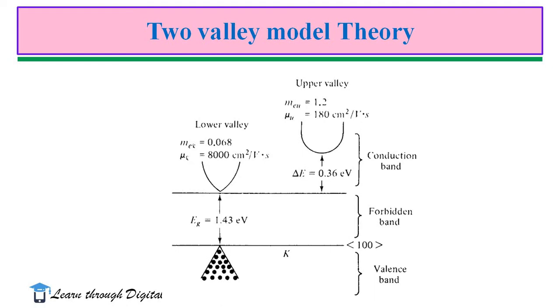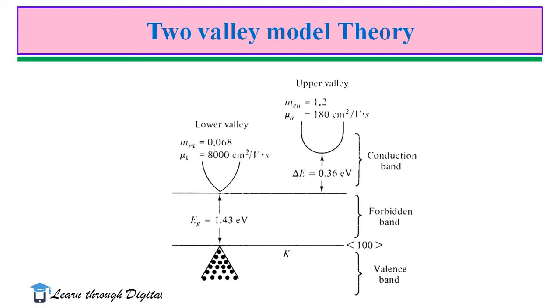For an n-type gallium arsenide energy band model under equilibrium, when electric field E is greater than the threshold value, that means 3.3 kilovolts per centimeter, the electrons are transferred from lower valley to upper valley of conduction band, in which they have much less mobility, and thus the current reduces and the device offers a negative resistance.